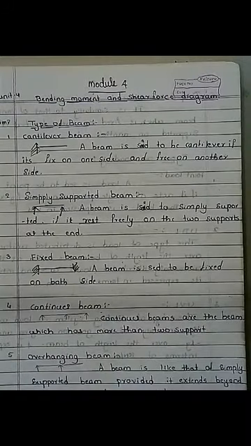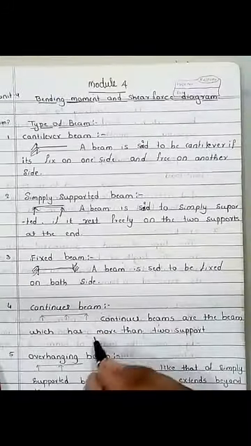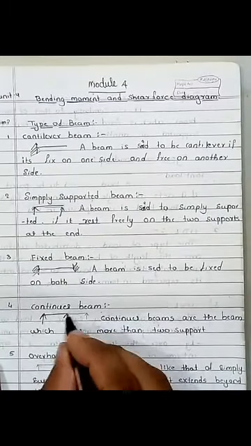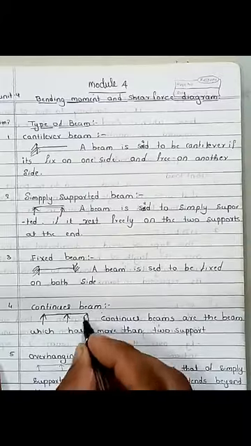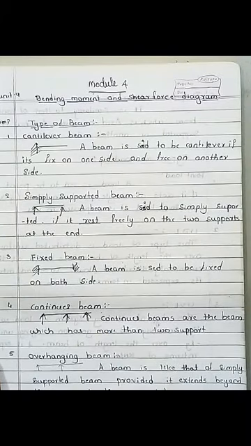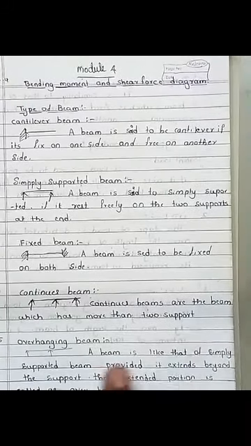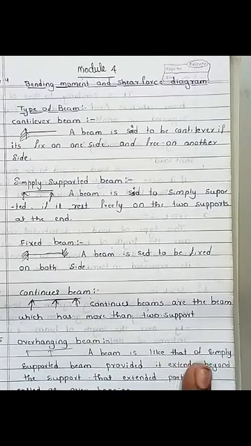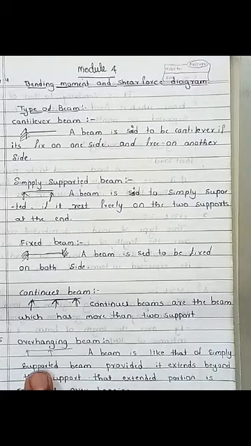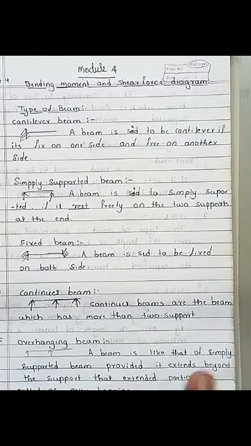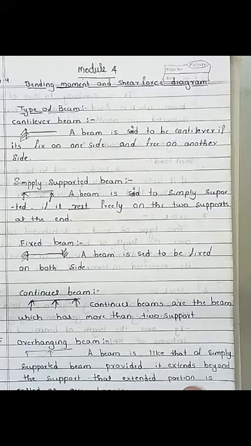Next, continuous beam. Continuous beams are beams which have more than one support. You can see here, this is a simple support, and if there is one more support, then it is called a continuous beam. Then overhanging beam. A beam is like a simply supported beam, provided the end is extended beyond the support.